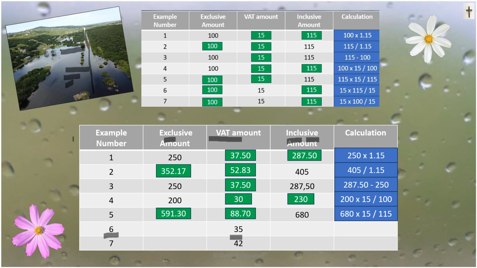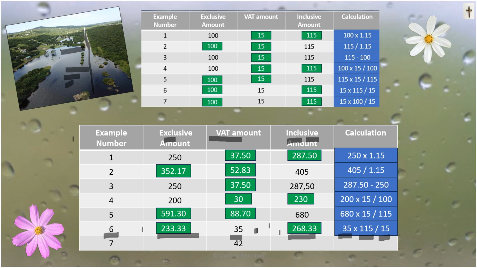In order to calculate the inclusive amount, we say the VAT amount which was given, multiplied by 115%, the full amount including VAT, divided by the VAT rate. And the answer is 268 Rand and 33 cents. To get the exclusive amount, I say 268 and 33 cents minus the 35, that's 233 Rand and 33 cents.